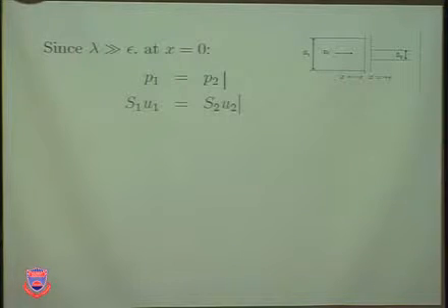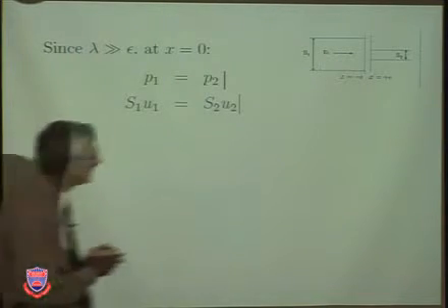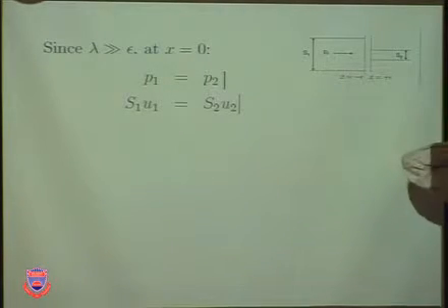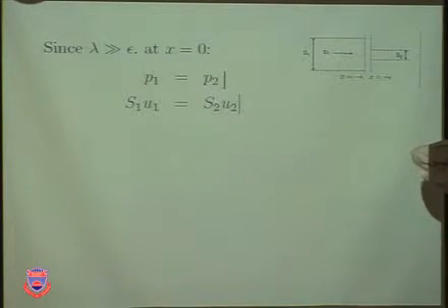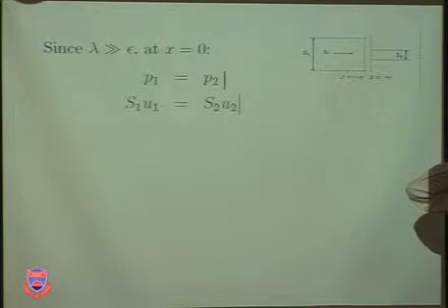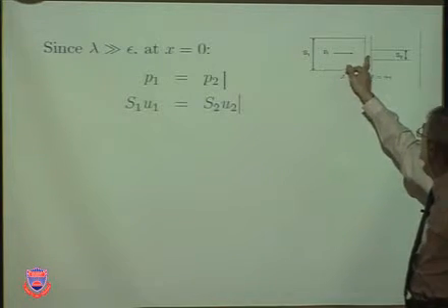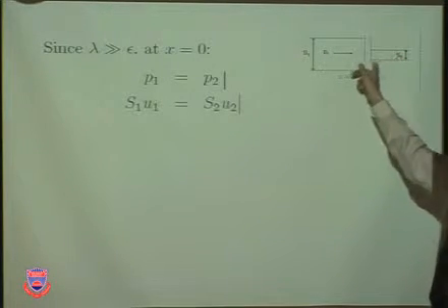The next thing we do, what we have done always, in terms of those infinite media sound propagation from one medium to the next, we have always written incident pressure, reflected pressure, and transmitted pressure.